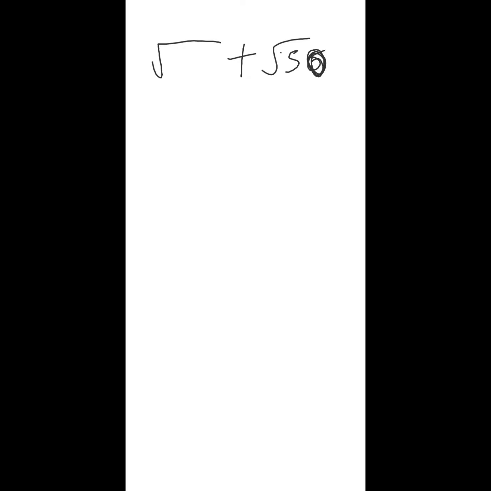Okay, let me use root 72. Even 72, I don't want. I'm just looking for something more interesting. Okay, let me use root 98. Then plus root 50, now plus root 27. Aha, I think I like this.